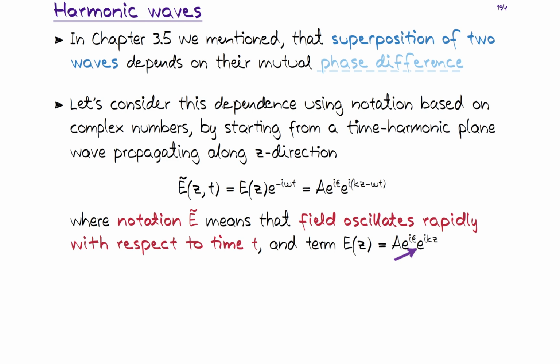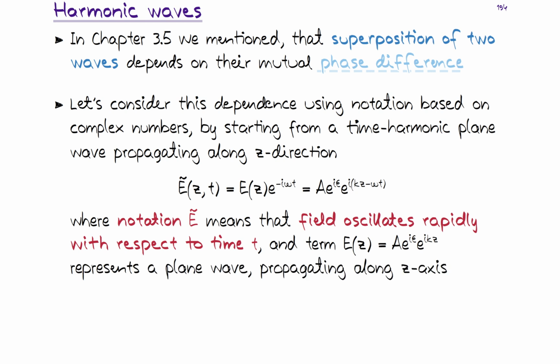For simplicity, we're only considering a propagation along the z direction, but of course we could equally well use a propagation in an arbitrary direction, and then we would have the wave vector here with a dot product with the position vector r. But for simplicity, this is equally fine. We can always simplify our treatment by assuming that we're propagating solely in the z direction, or we generalize the concept of the z direction, and that also works out.